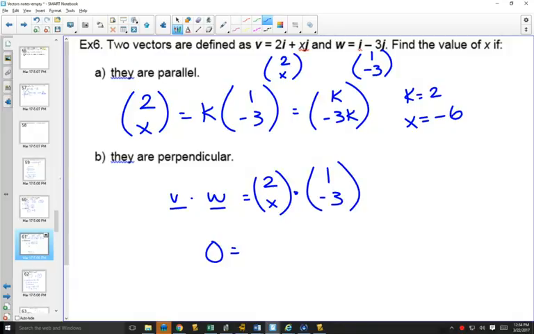That has to equal 0, so I'd have 2 minus 3x. Solving for this, we get x equals 2/3. And I think that's an even simpler way of solving for it than what we did. So seeing that again for the second time, using the dot product would have probably been a better strategy. But both ideas work.